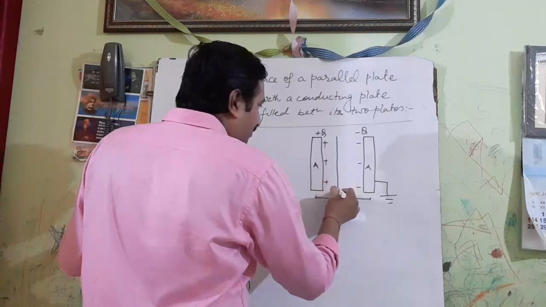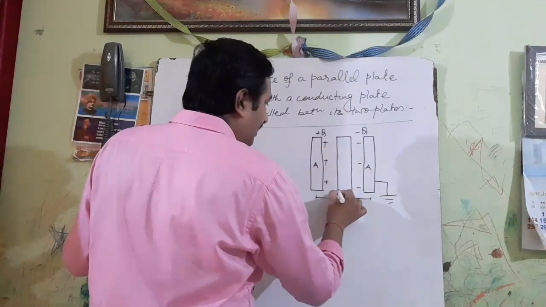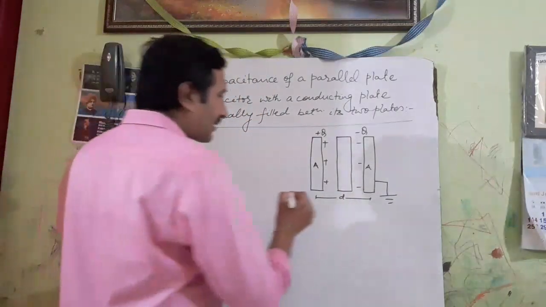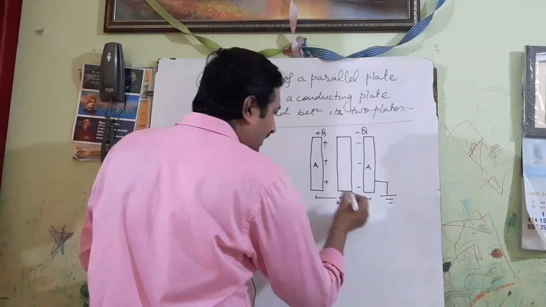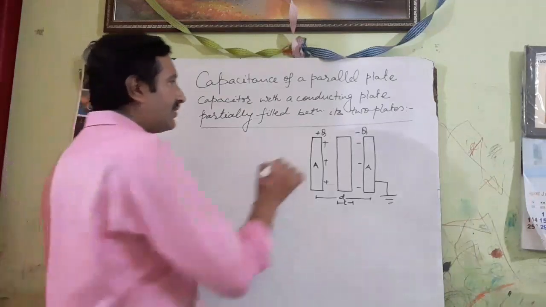A conducting slab, a conducting plate, is inserted between the two plates of the capacitor and its thickness is T. This is a conducting plate.